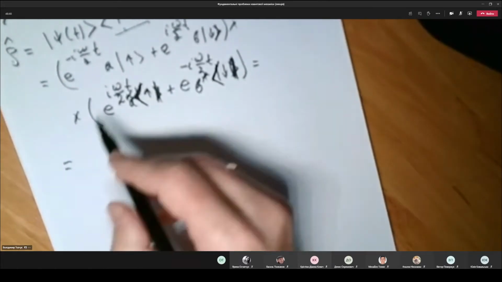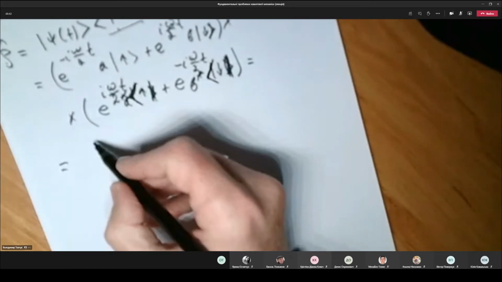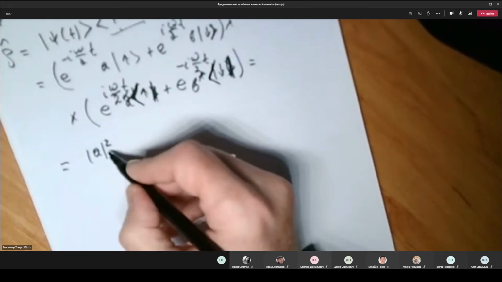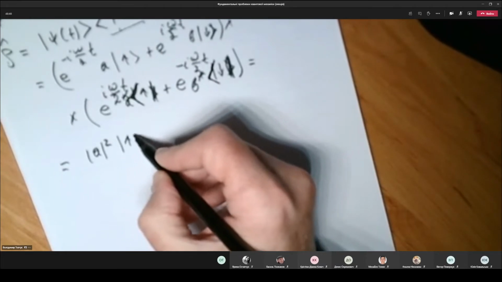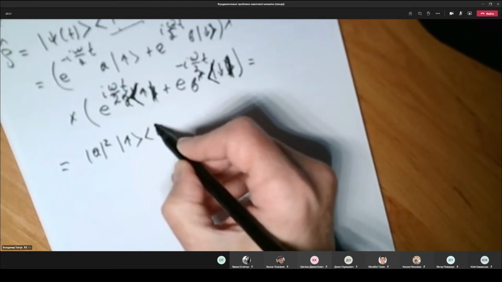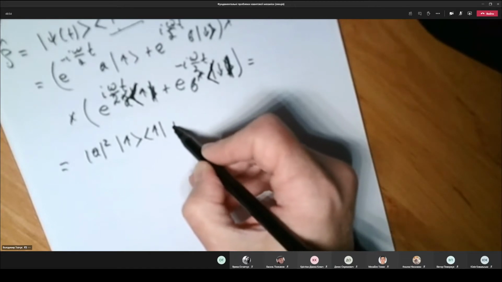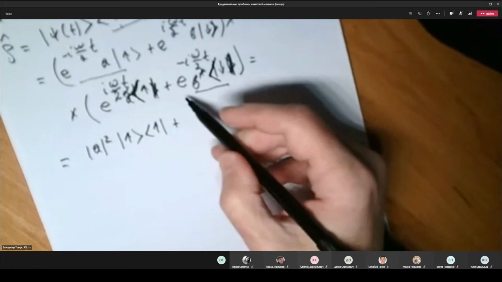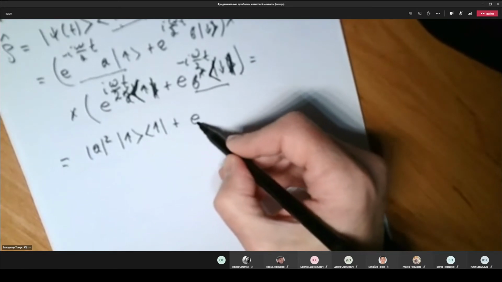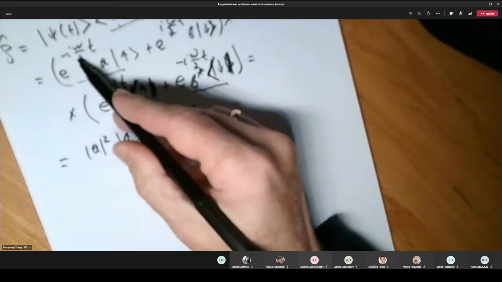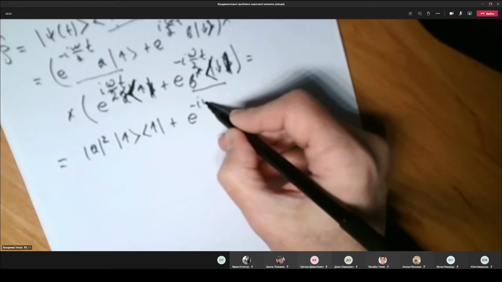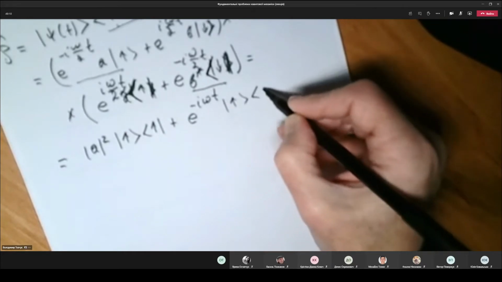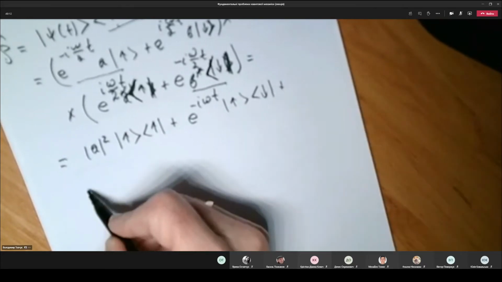So in the first term the exponent is cancelled. A absolute value squared, arrow up, arrow up. Then we multiply the first term and the second term, so we obtain exponent minus I omega t, arrow up, arrow down.